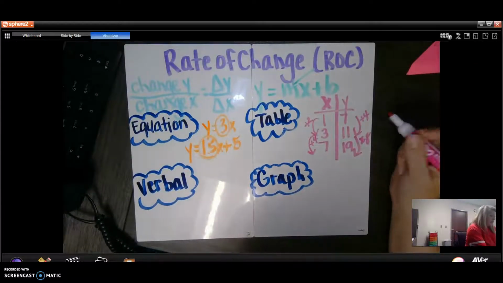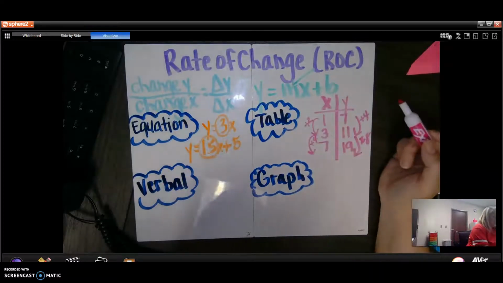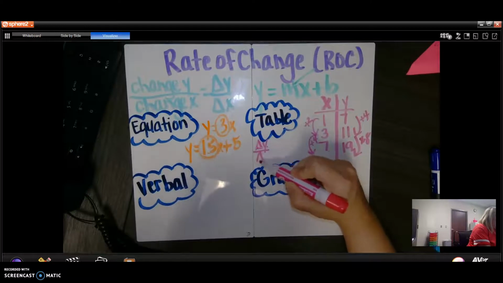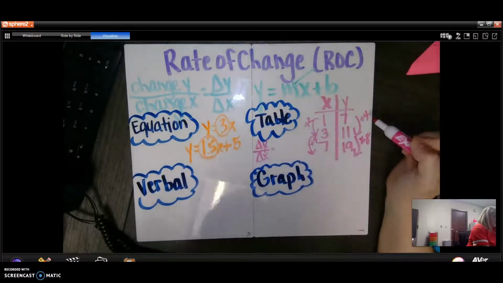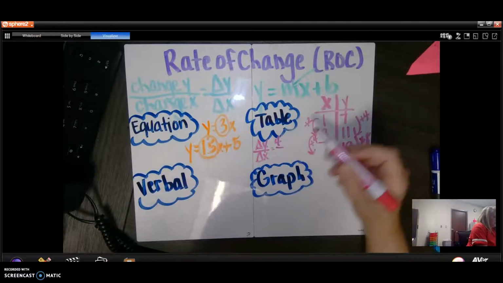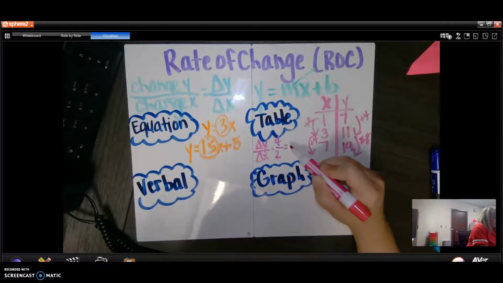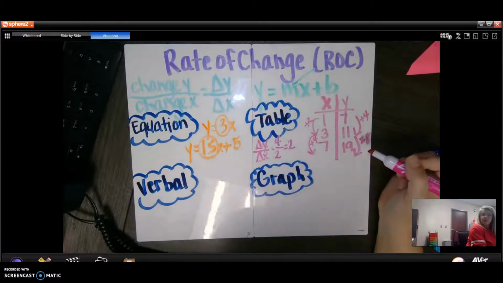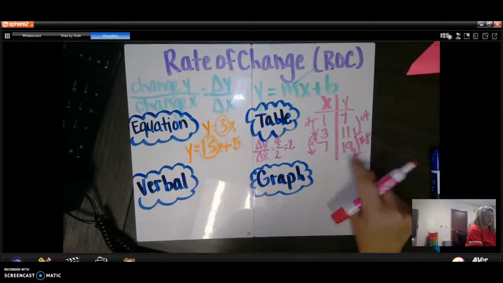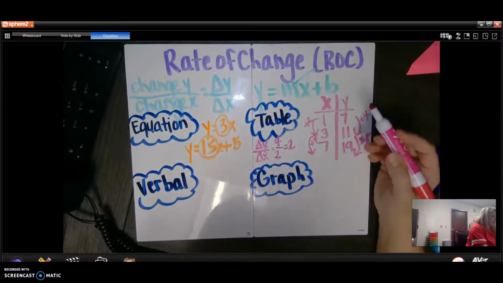Okay? So remember, we're going to do the change in y over the change in x. Okay, so the change in y was 4 over the change in x, which was 2. So our rate of change would be 2. Okay, we have a different value in our third set of numbers, so let's try that as well.